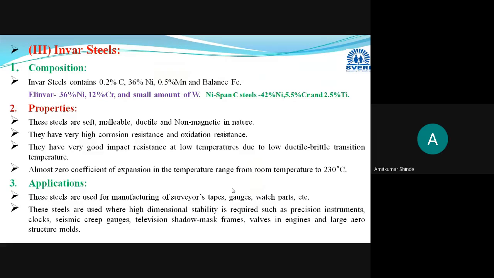Depending on the composition, how its properties are, and depending on the properties only, we can decide the different applications. In this way we have completed these three types: HSLA steel, Hadfield steels or manganese steels, and Invar steels. In the next lecture, we will discuss the remaining types of alloy steels.